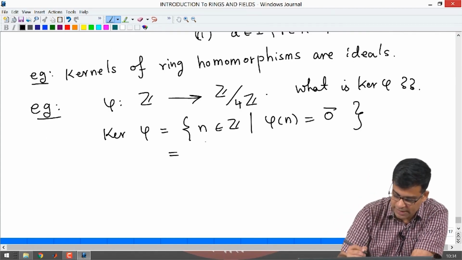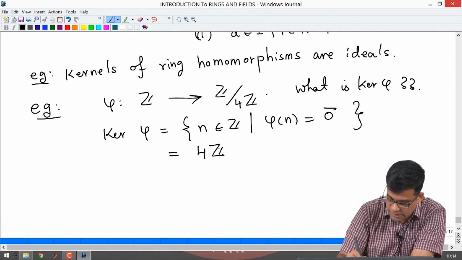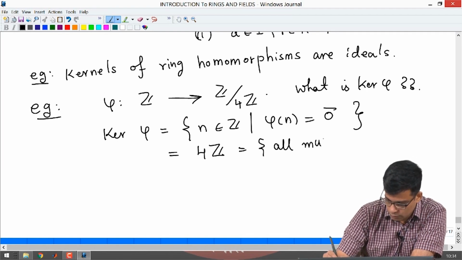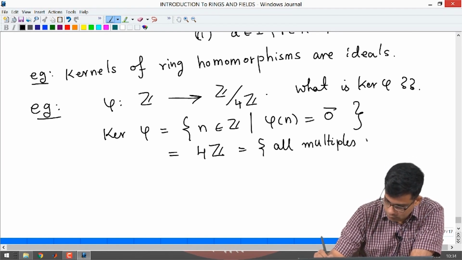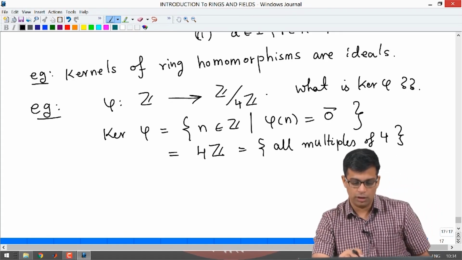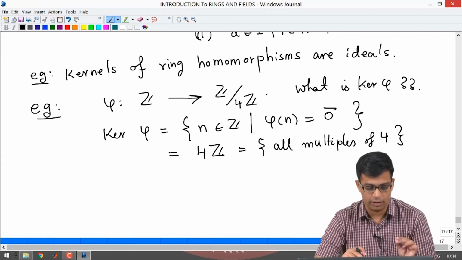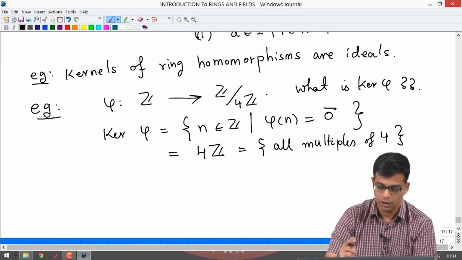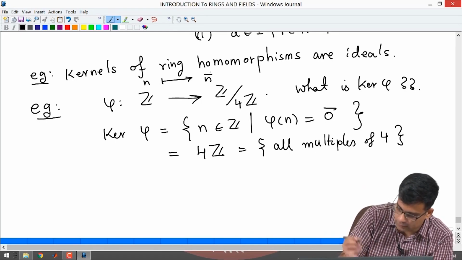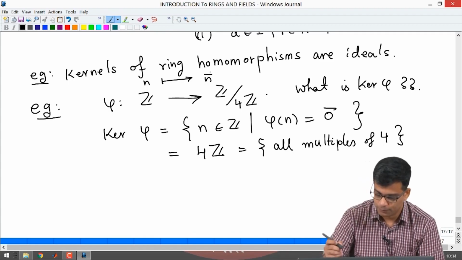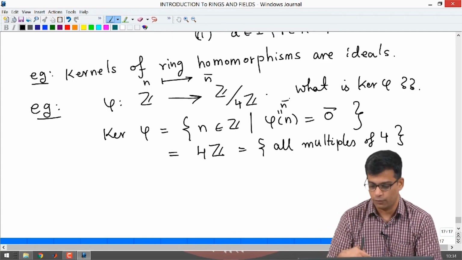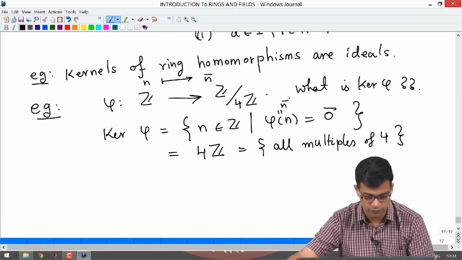So, this is precisely 4Z, right. This is simply all multiples of 4. When does an element in Z go to 0 under this homomorphism? Remember, this map sends n to n bar. So, n bar must be 0, that means n must be a multiple of 4. So, the kernel is exactly the multiples of 4.